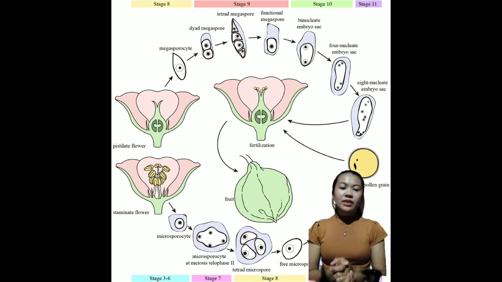Microgametogenesis is the process of development of male gametes in the microspores, or pollen grains. The microspore symbolizes the initiation of the male gametophytic generation.